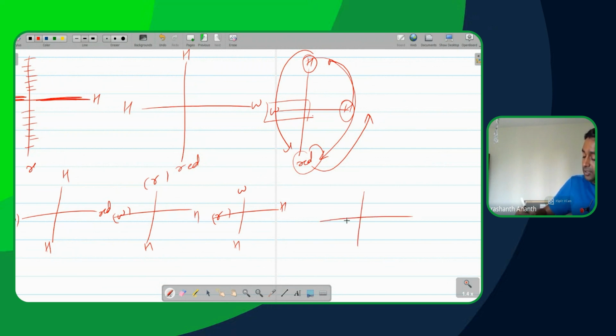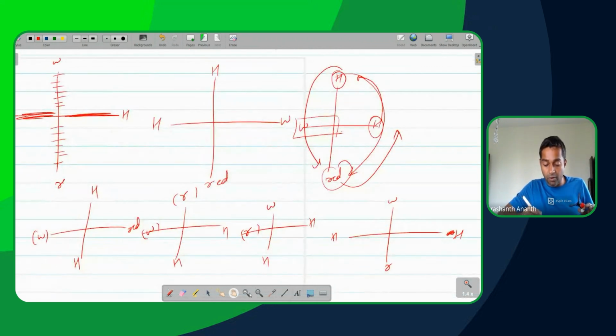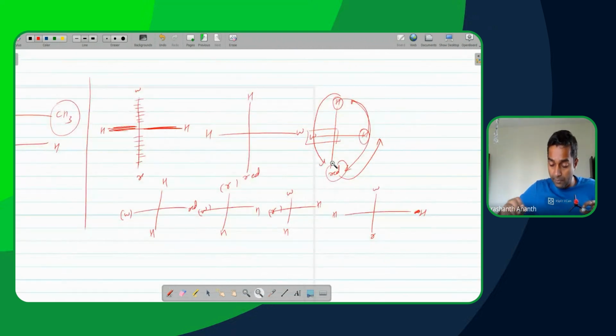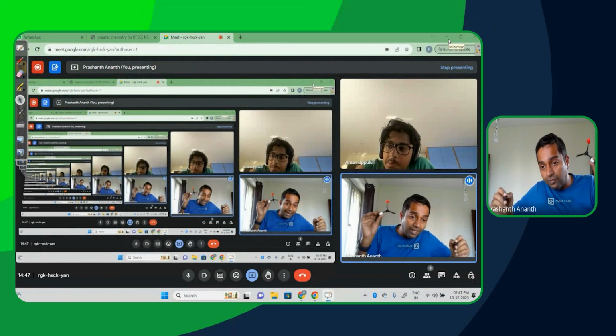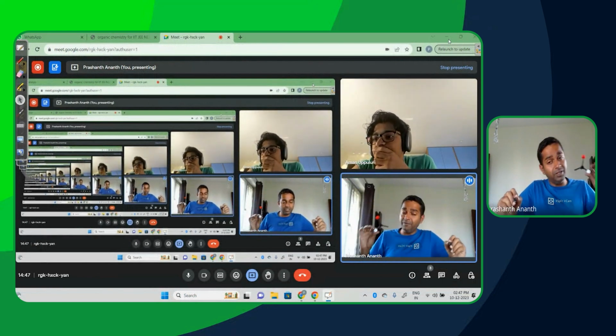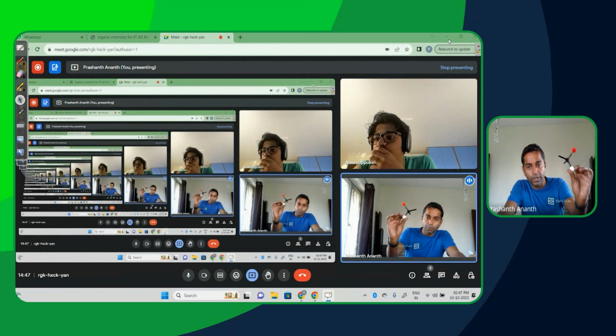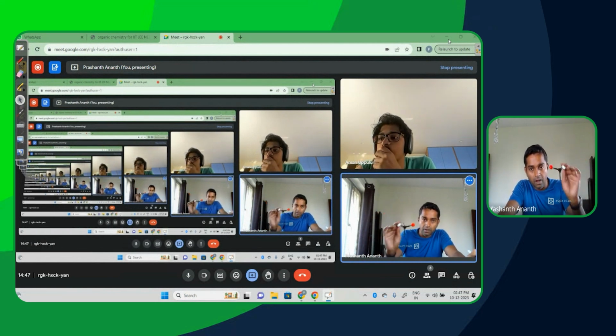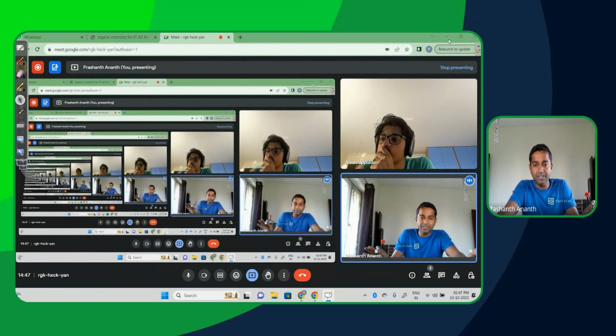Effectively, anything and everything you can draw is the same; you won't have any differences in the structures. All Fischer projections where you put four of these groups around the tetrahedral carbon will represent the same molecule.